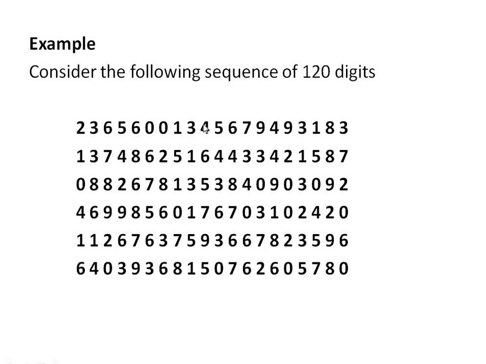So that is 1, 2, 3, 4, 5, 6, 7, 8, 9, 10, up to 33. So the first gap between 0 and 0 is 3. Second gap between this 0 and this 0 is 33.